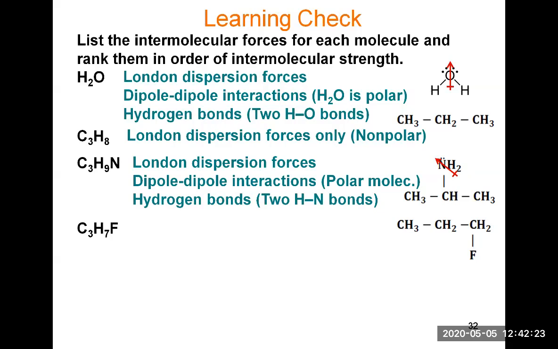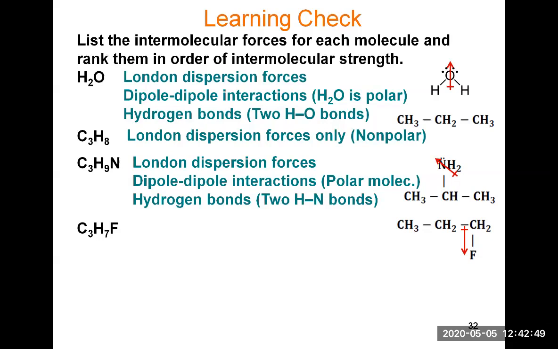So is this a polar molecule? We have CC bonds and CH bonds that are nonpolar, but we also have now this CF bond. And the electronegativity of fluorine is 4.0 minus 2.5 from carbon. That's a large difference that makes this bond polar. So the CF bond is polar towards the fluorine.